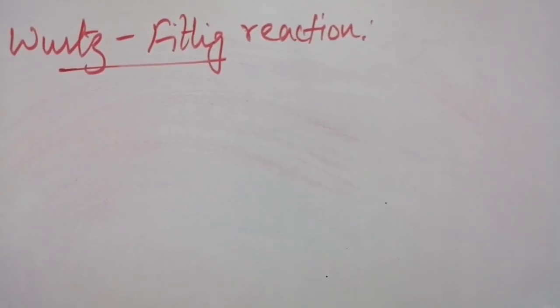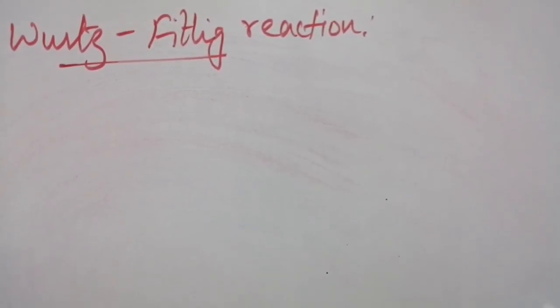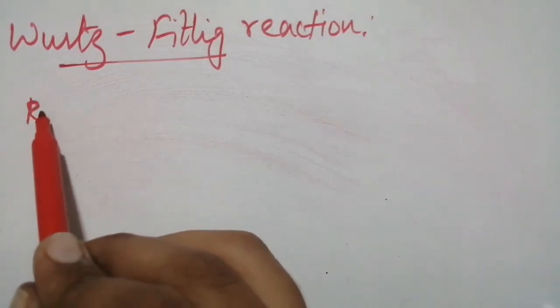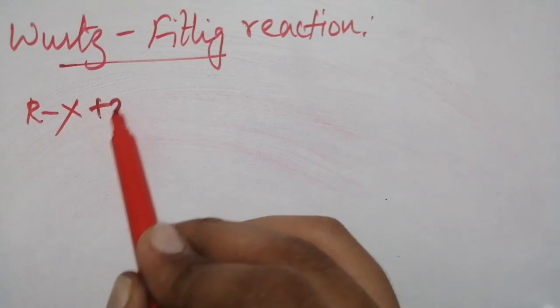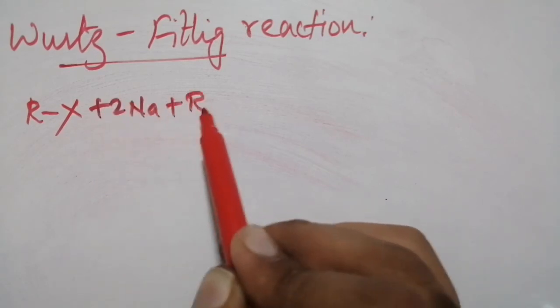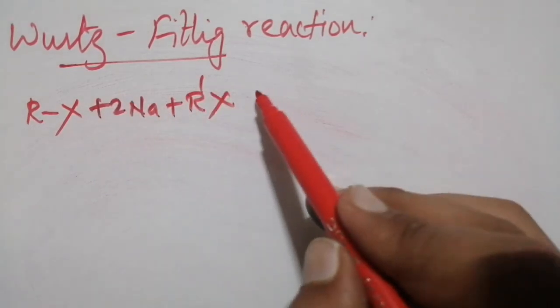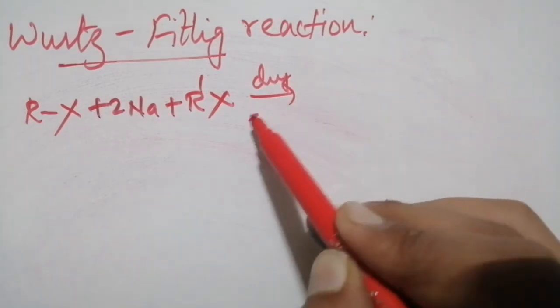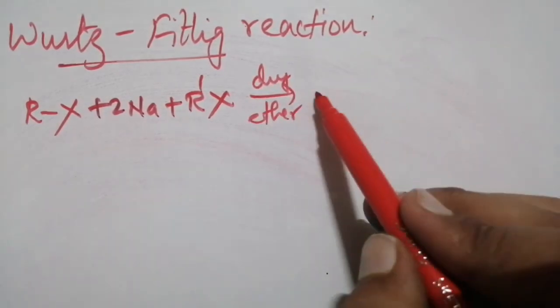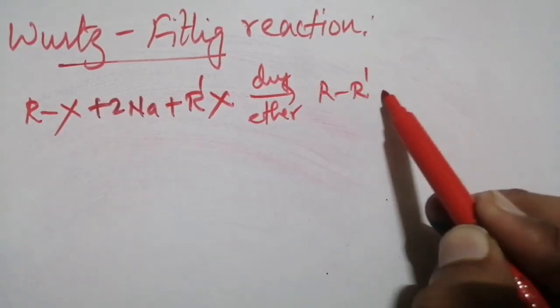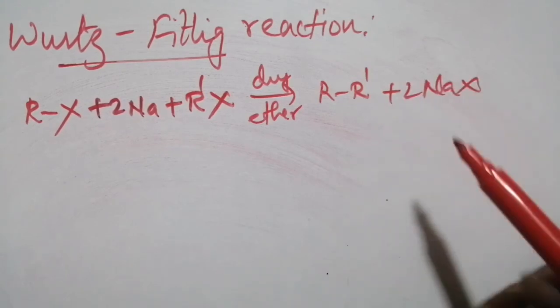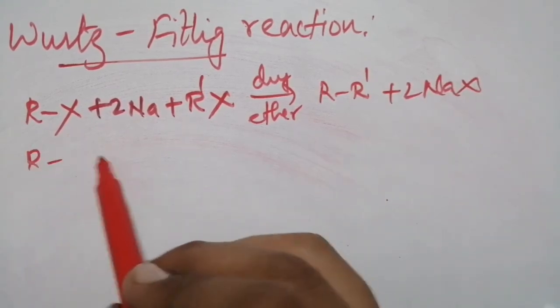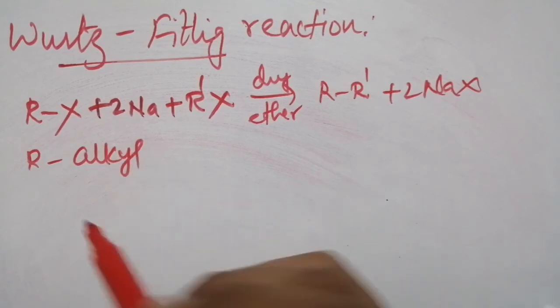Now I will see my Wurtz-Fittig reaction, wherein my RX will differ here. RX plus 2Na plus R'X, same, in presence of dry ether, I will get R-R' plus 2NaX. My R will be an alkyl group.